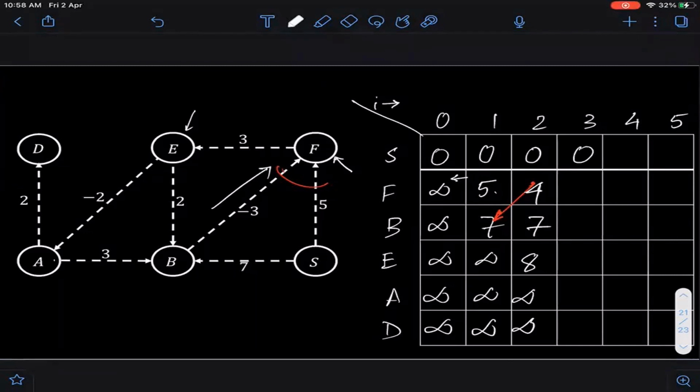Is anything going to change for F? Or should I just inherit 4?